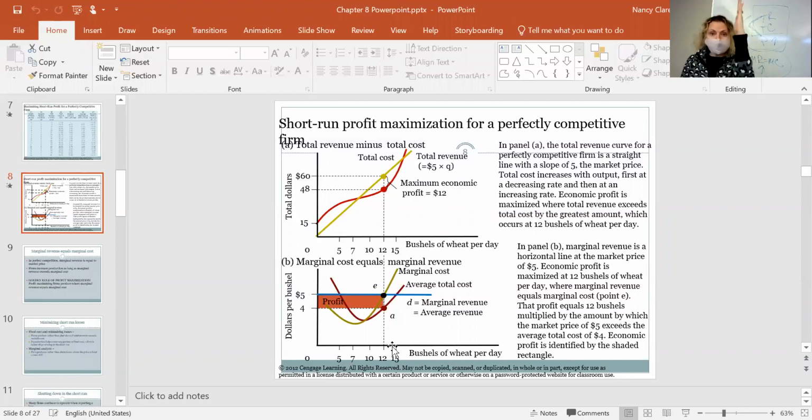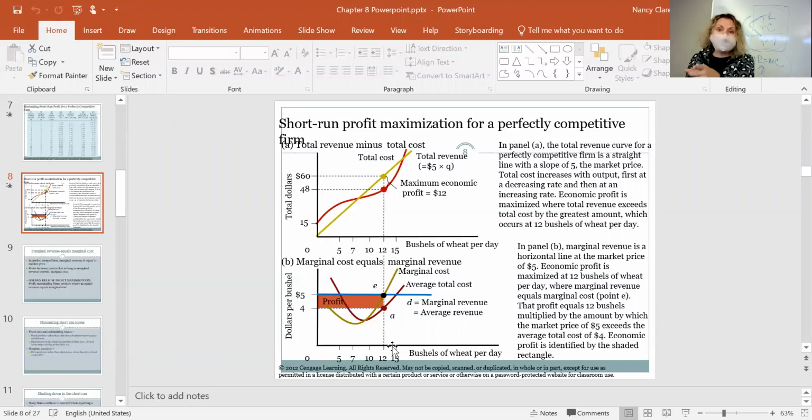So along that same plane there at 12, if I travel down to my ATC, which is there at point A, that's the average total cost per unit, which is $4, subtracted from my marginal revenue, my price per unit of 5. That gives me a $1 per unit profit times 12 units sold gives you $12 in profit.